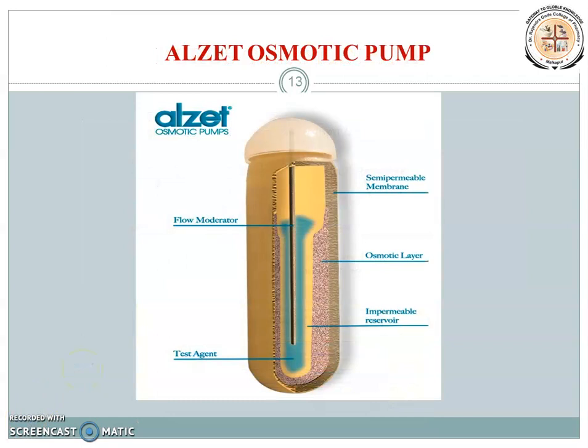Another type of implant is the Alzet osmotic pump. Here in the Alzet osmotic pump, it is enclosed in one compartment, called an impermeable compartment or impermeable collapsible tube, where the outer side is a semi-permeable membrane, at the center it is a drug reservoir, and this is the osmotic agent.